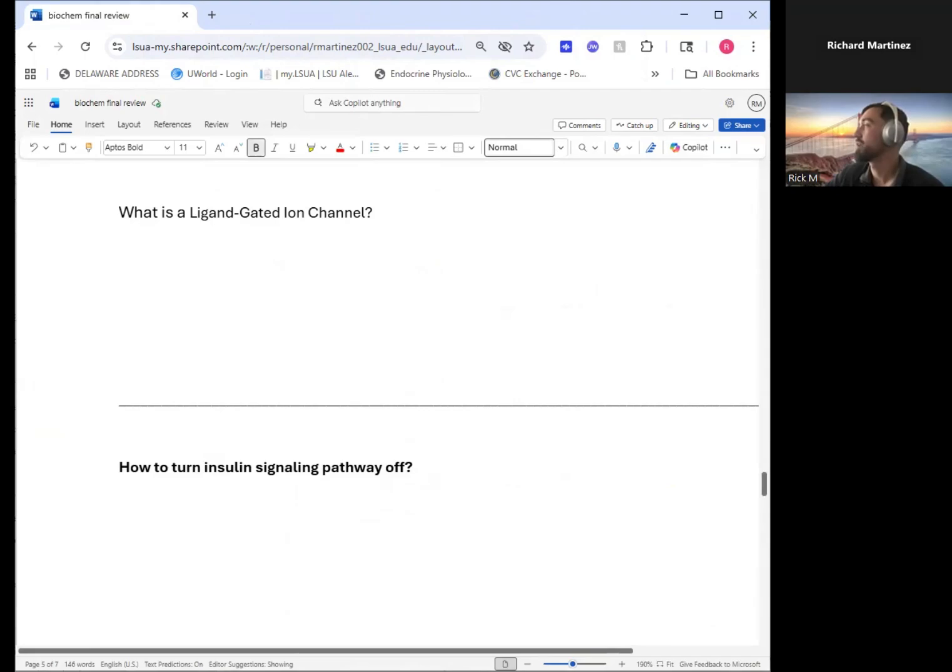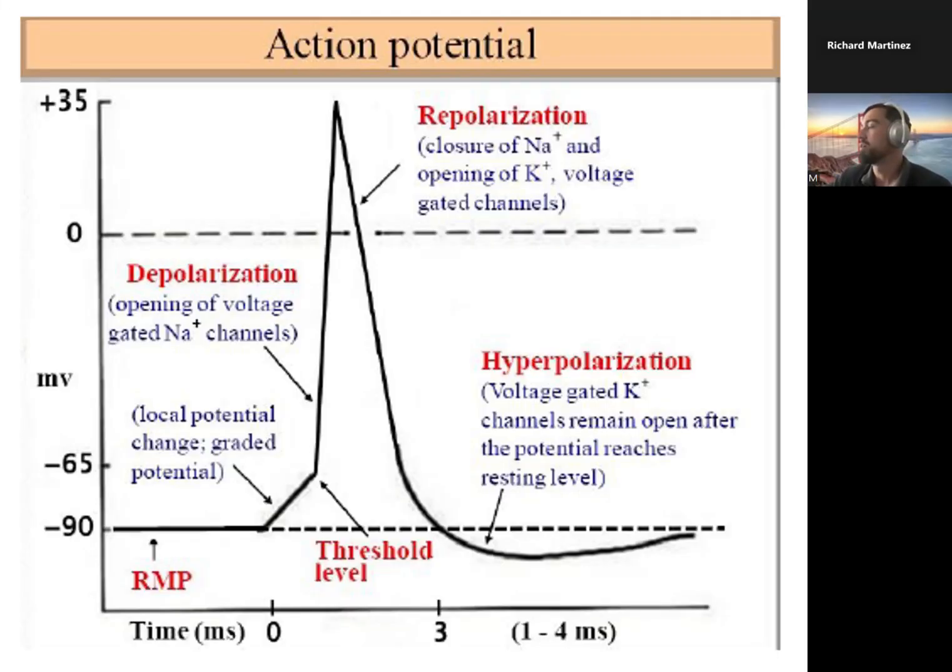Any other questions before we head out? If a GABA receptor is bound, then it's going to open up chloride channels. Voltage-gated channels, those are the sodium, Na plus, K plus channels. That's for the nervous system, for creating an action potential.